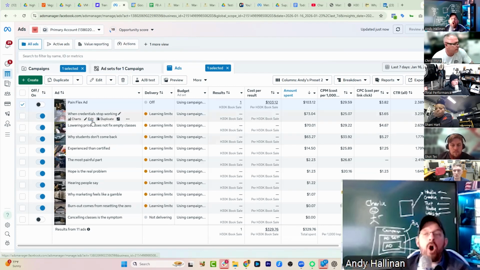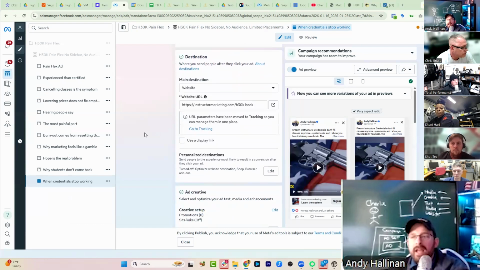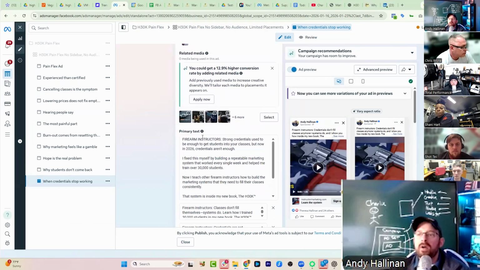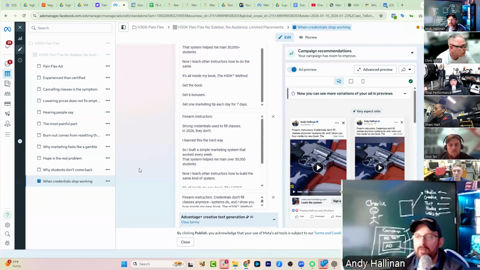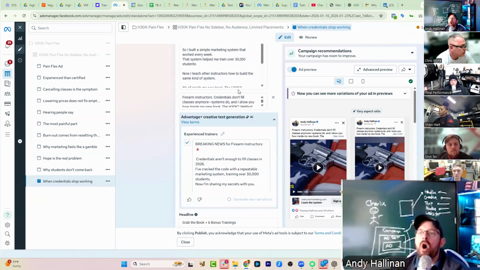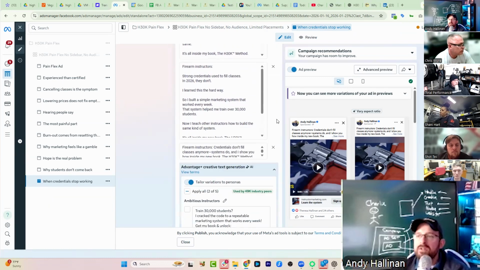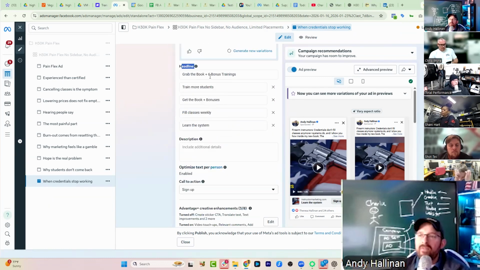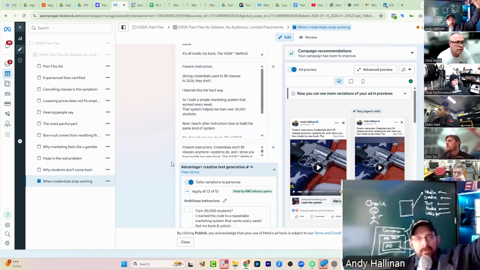And then on each ad, we also have multiple variations of primary text. This ad has 1, 2, 3, 4, 5 variations of primary text, all of them different lengths, different hooks, different offers. I also have 5 variations of each headline. Facebook is taking that one video and applying a different primary text and a different headline, and that's what they present.